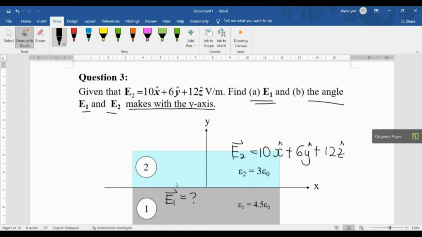So if this is your E2, met with the y-axis, this is the y-axis. Please find the angles here.